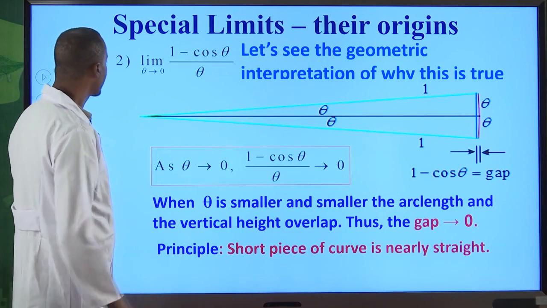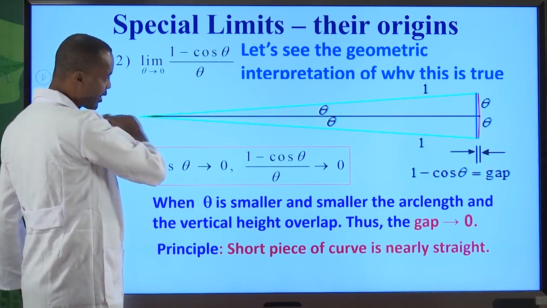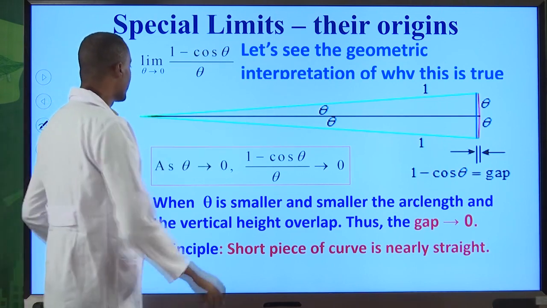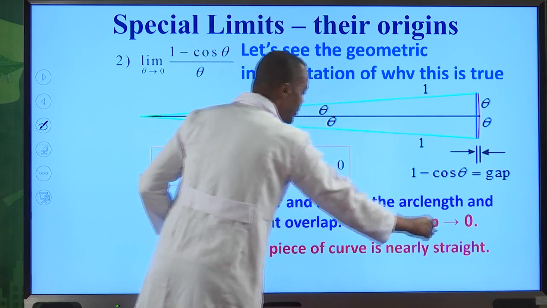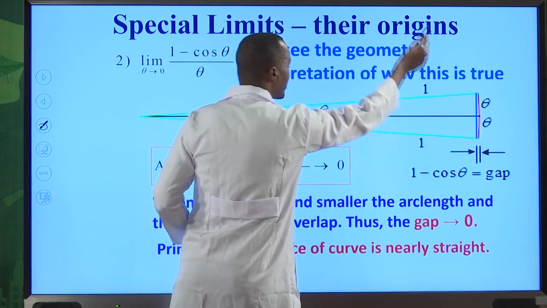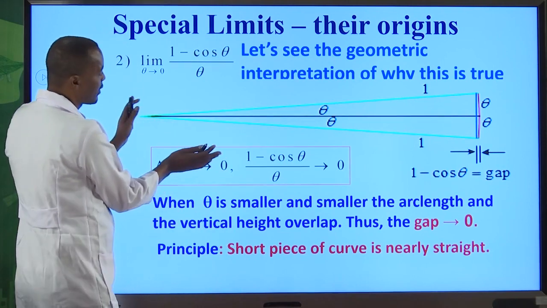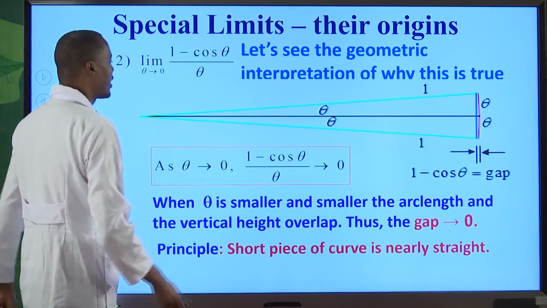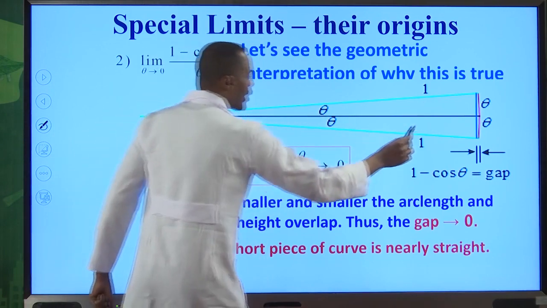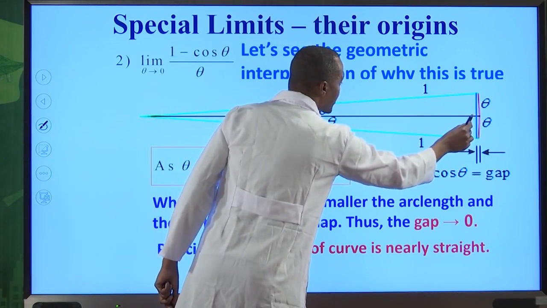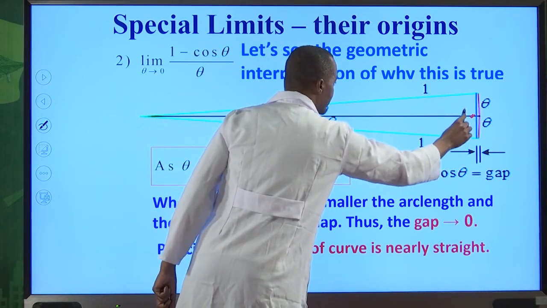Now the second special limit is the limit of 1 minus cosine of theta over theta as theta approaches 0. And in this case, this red curve is a part of a very big circle. You can assume a very wide circle, and this is a sector of it, and this is an angle theta. Now I want to take up to this point alone, and it makes 90 degrees there.